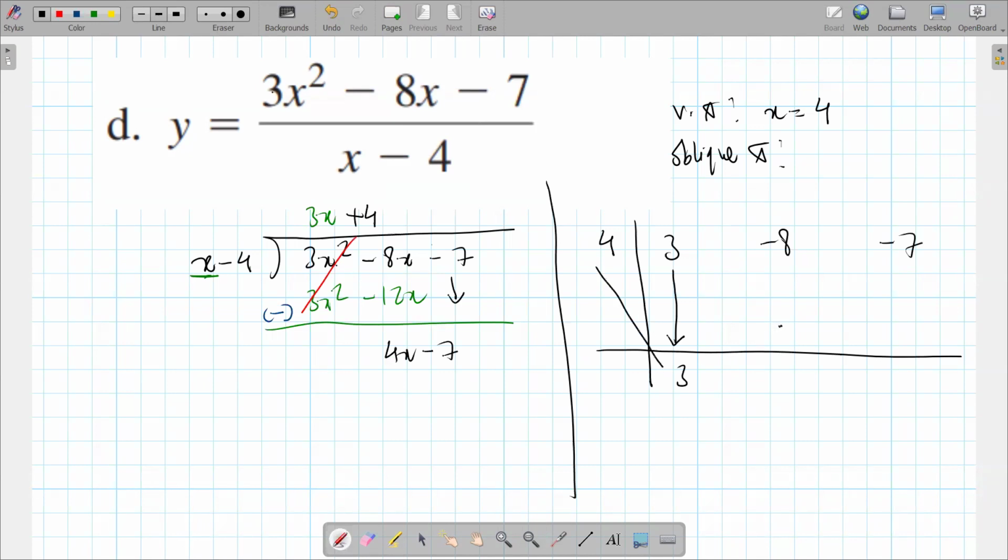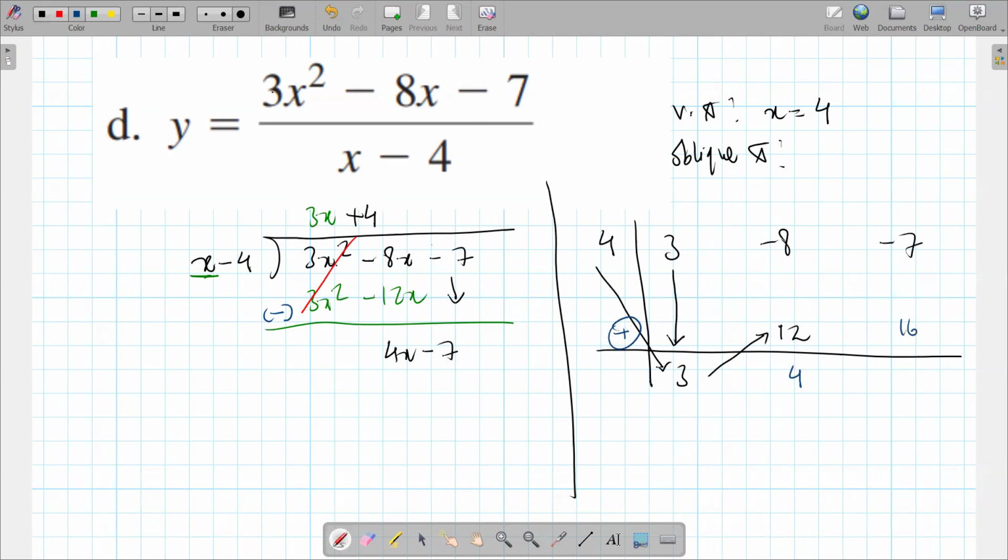You multiply diagonally, like this, 12. Do we add or subtract? In synthetic division, we add.